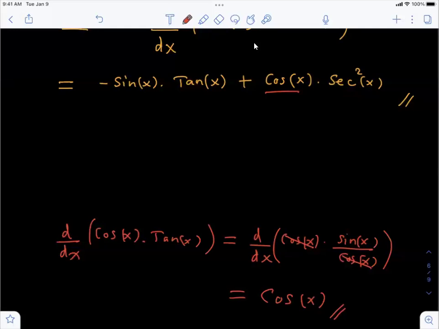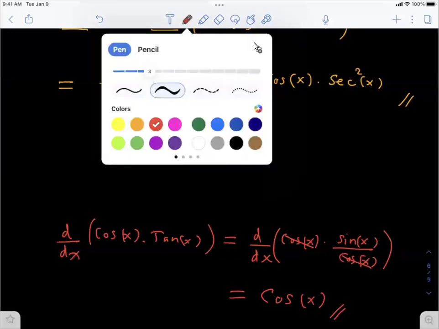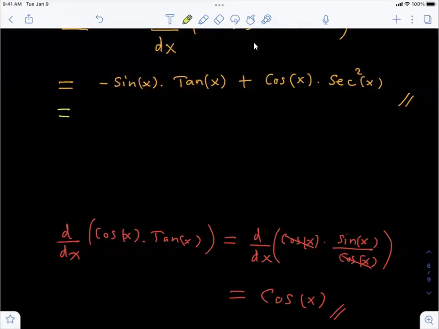So cosine x times secant, one copy of secant x would simplify right away. If you try to simplify this answer a little bit, I will expand it so that you can see the first piece and then the second piece. This is none other than cosine x times secant square. One copy of secant would cancel with cosine, leaving just secant x.